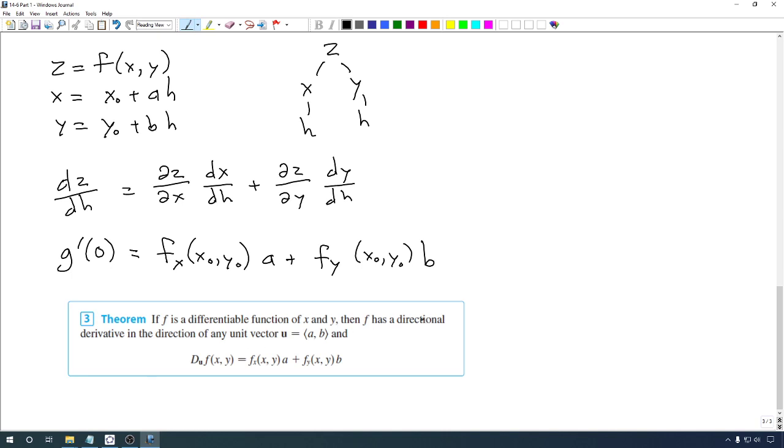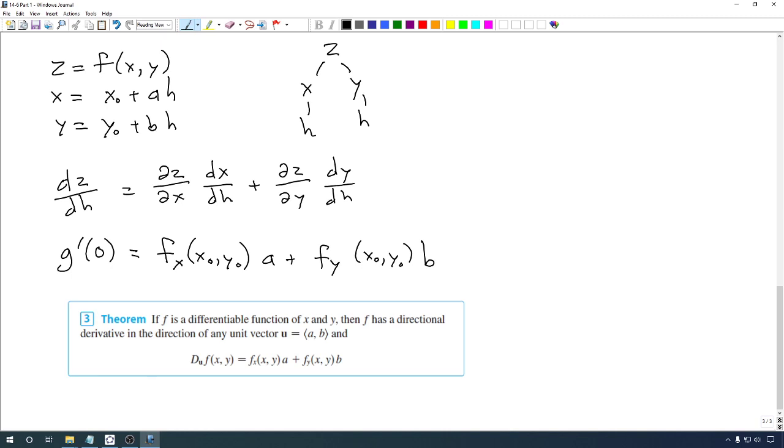We'll kind of not worry too much about that part. But if we do have a differentiable function, then the directional derivative in the direction of any unit vector is just given in terms of that unit vector and the partial derivatives of our function. So that's why we've been focusing on the partial derivatives so much. We don't really need to calculate the directional derivative directly most of the time.